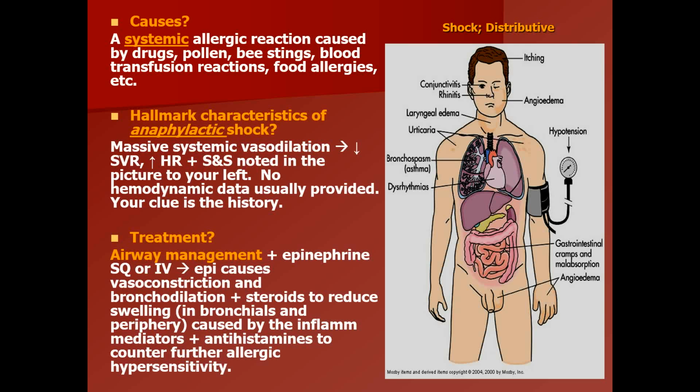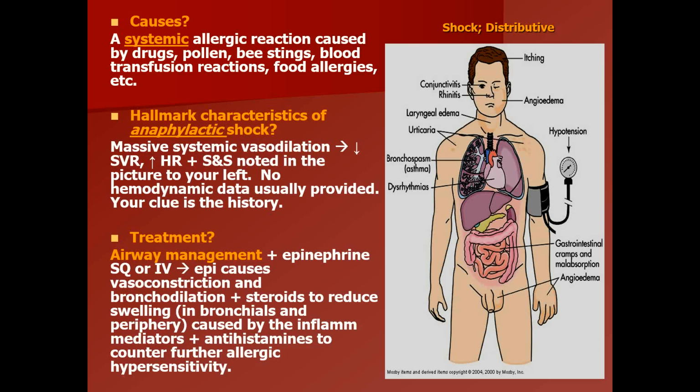So this first one, anaphylactic, is some kind of systemic response to some kind of antigen. In other words, it could be drugs or pollen or a bee sting, a lot of different things can cause an allergic response.